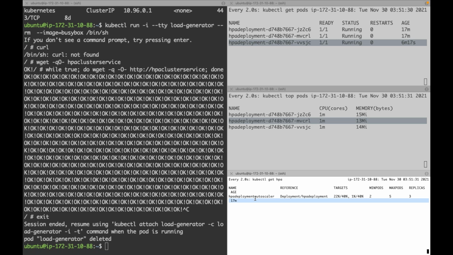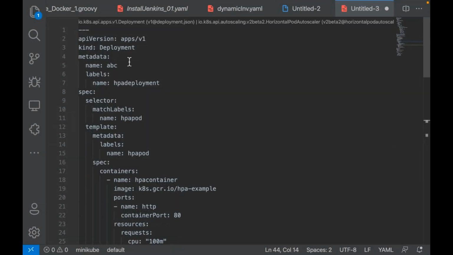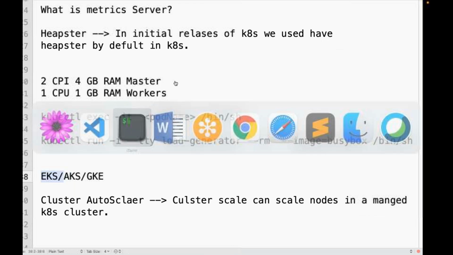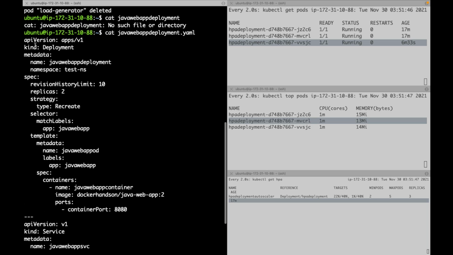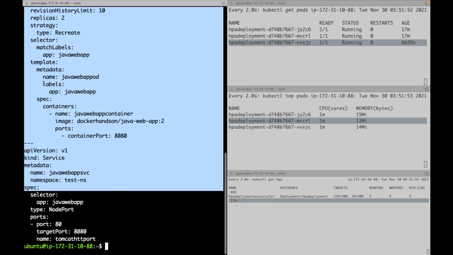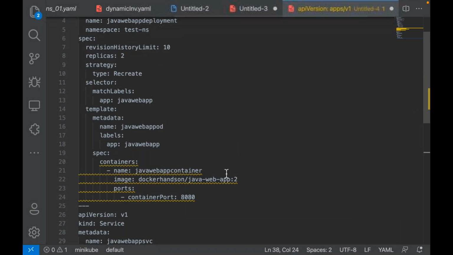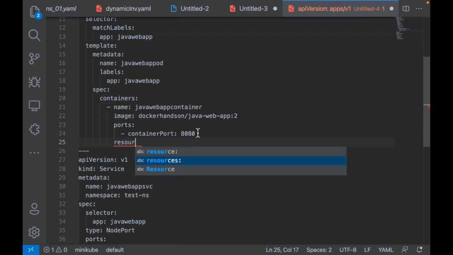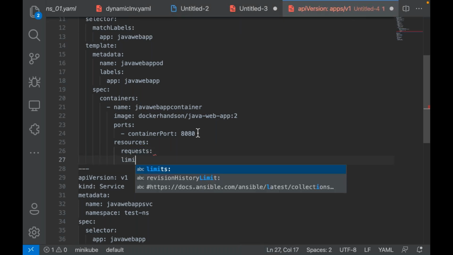Okay. Now, can I use this autoscaler concept for any other deployment? Suppose I have this Java web application. Can I have autoscaling for our own application also? Something like this. Here I can define resources, requests and limits.